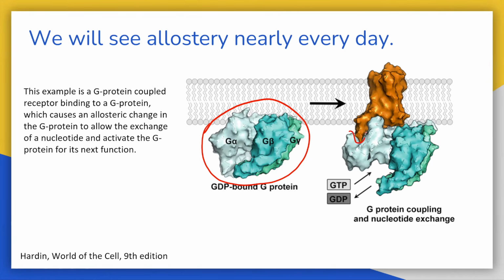First of all, it tucks itself up underneath that receptor. So you see that that light blue protein has a new part that's poking up into the receptor. But in doing that, it also created an opening here where GTP is going to bind. So that light blue and that kind of dark blue protein used to be closed up tight, almost like jaws that are closed. But as soon as it binds to that orange receptor, allostery occurs, and that opens up the protein so that it can accept a new molecule, in this case, GTP.